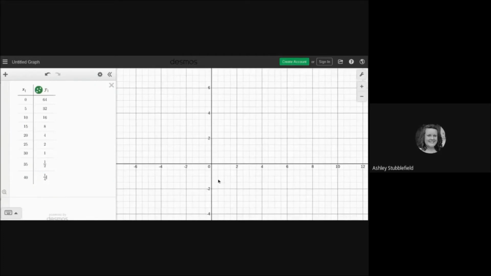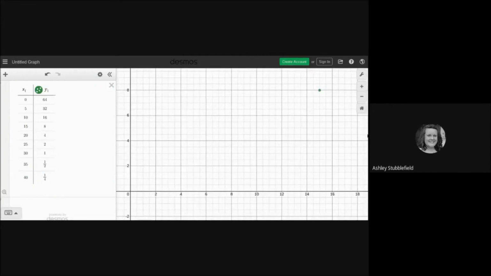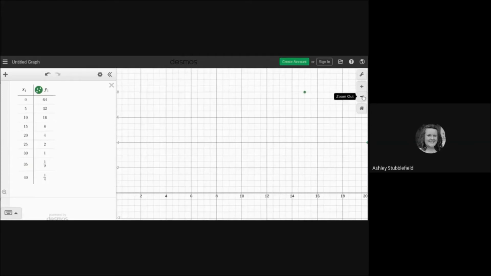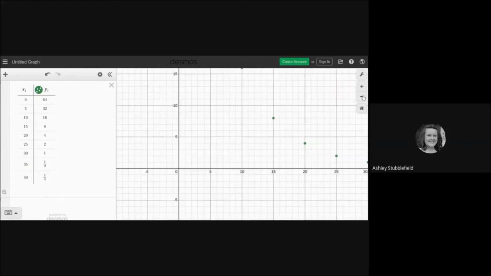And it should automatically graph our points. Zoom out just a little bit so we can see them. There we go.